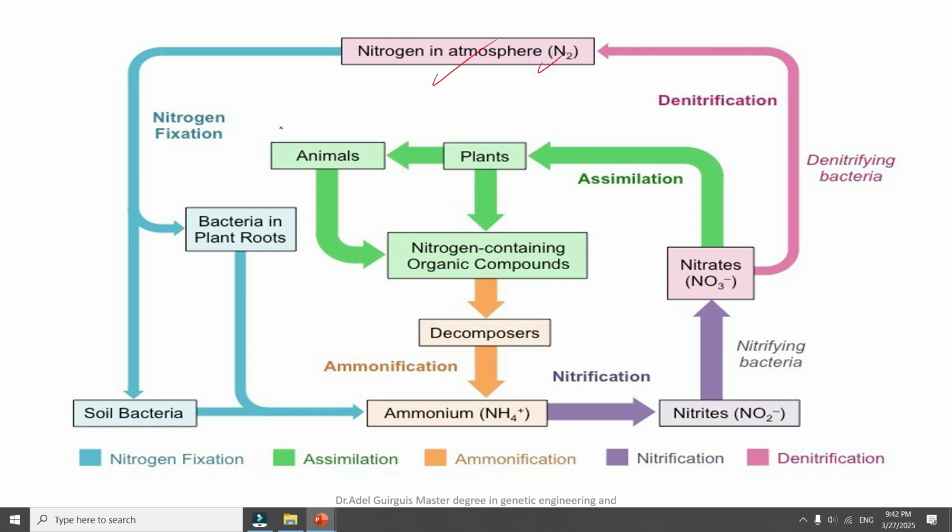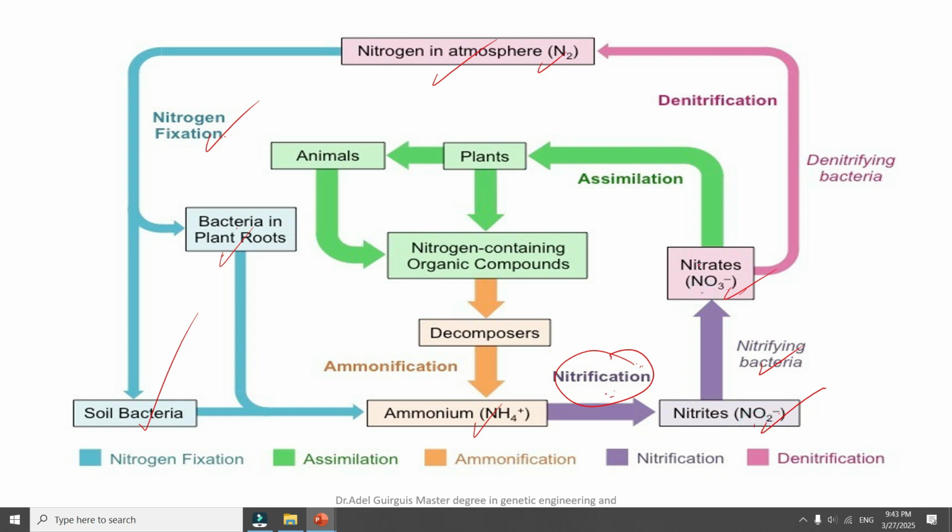Here, nitrogen fixation takes place by bacteria, both soil bacteria and bacteria in plant root nodules, to form ammonium. Okay, ammonium, nitrification process by nitrifying bacteria forms nitrite, then further oxidation to nitrates, NO2 minus, then NO3 minus.